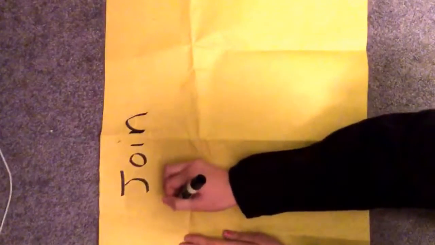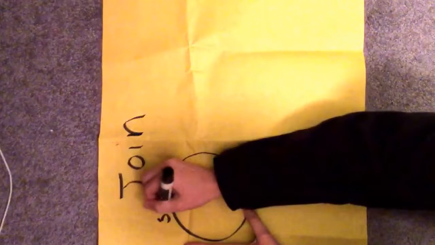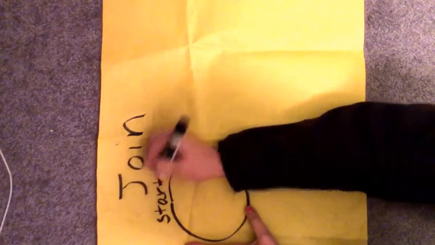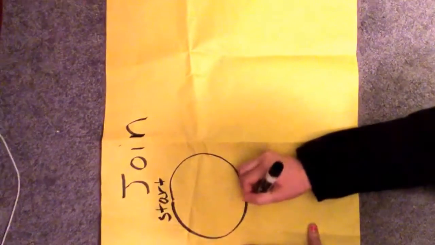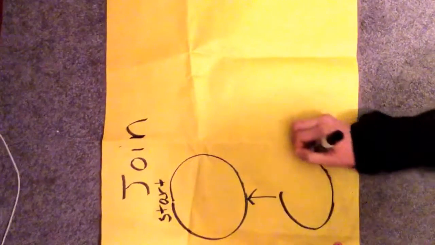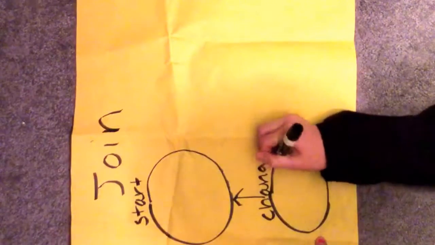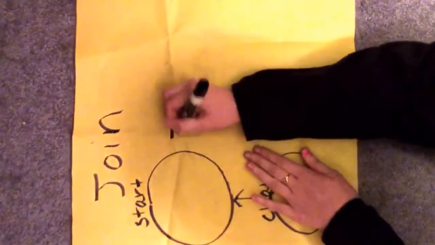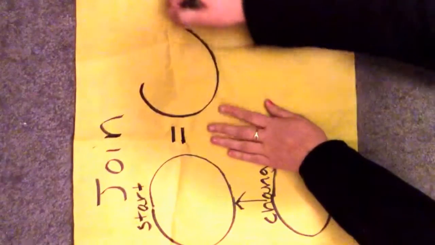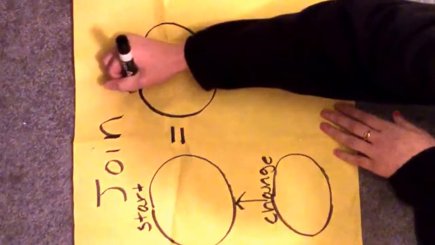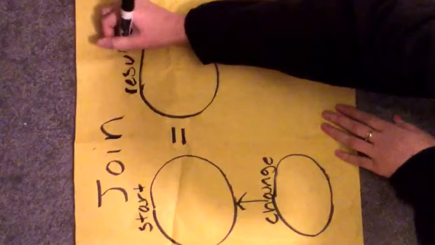So in our set model, we will have our start, our change, and our result. It's important that we look at this as a balance.